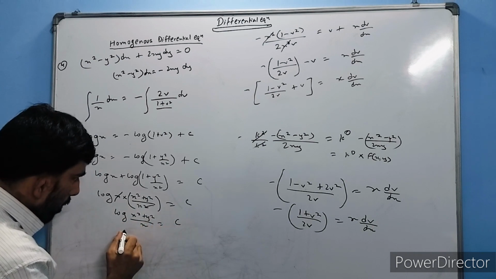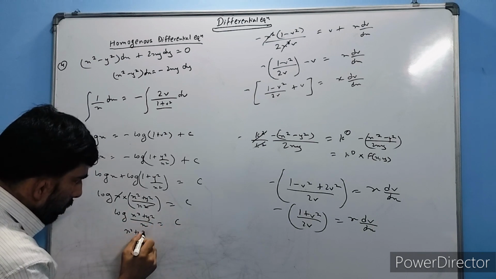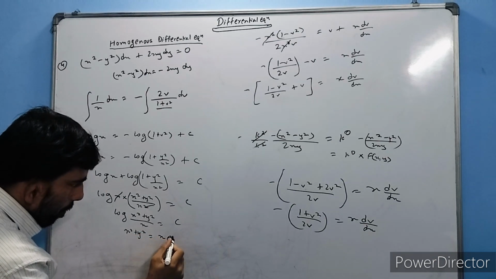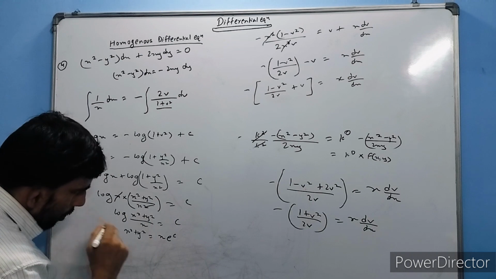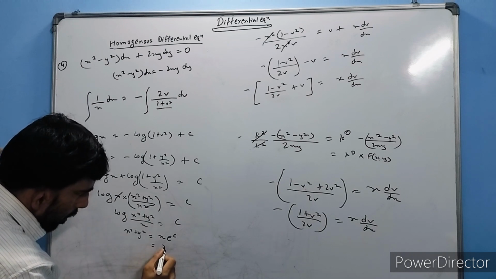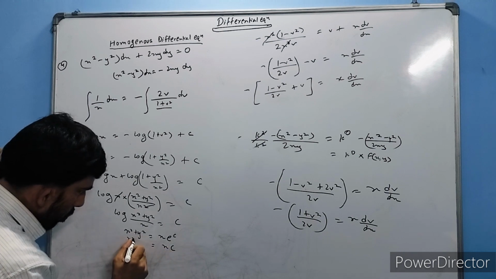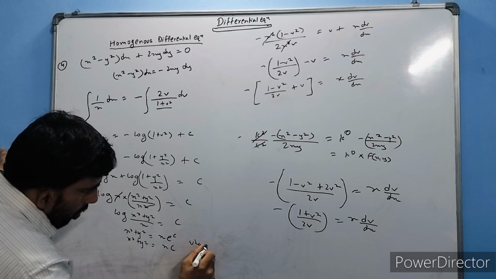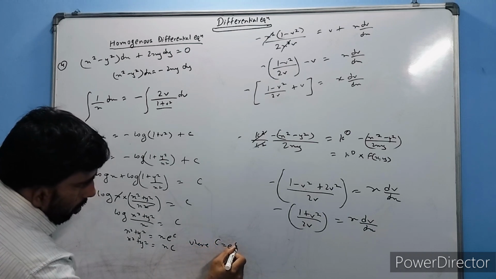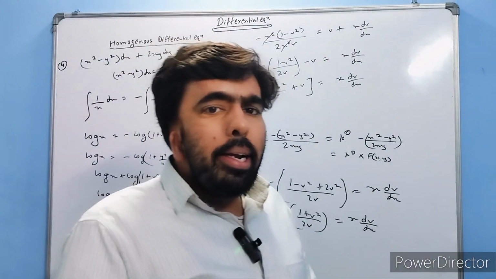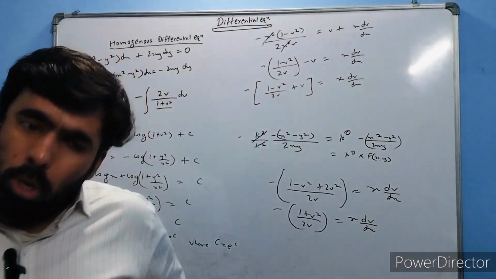So we'll have x square plus y square, we'll remove the log, so x is e raised to the power c, or you can say x square plus y square is equal to Cx, where C is equal to e raised to the power c. So finally we are able to find its general solution.